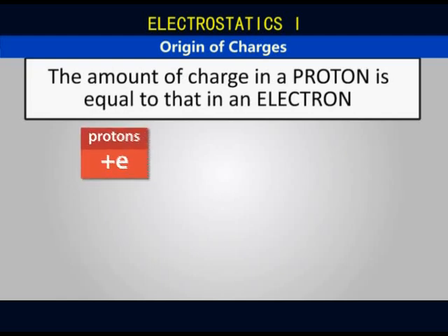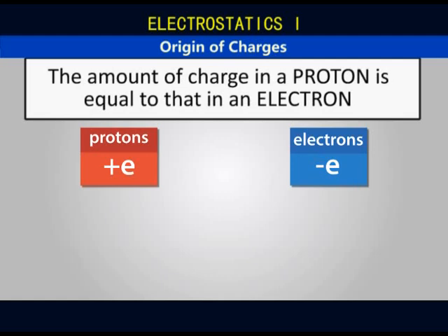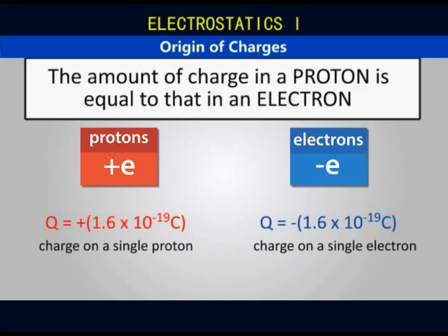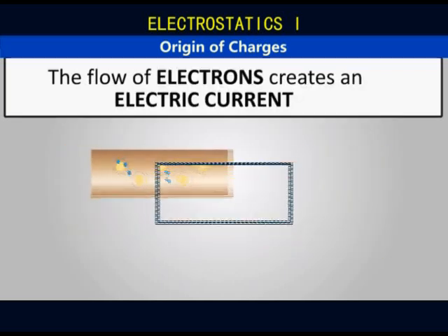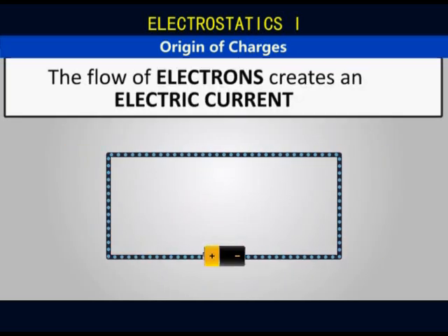It is just the signs that are opposite. So a proton has a charge equal to positive 1.6 times 10 to power negative 19 coulombs, while an electron has a charge equal to negative 1.6 times 10 to power negative 19 coulombs. The flow of electrons is what creates the electric current that we shall see later.